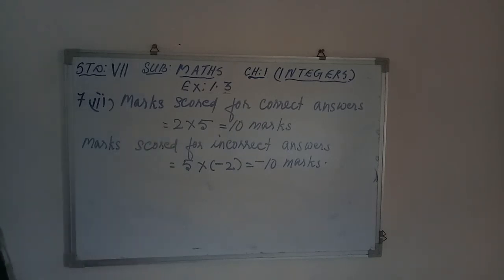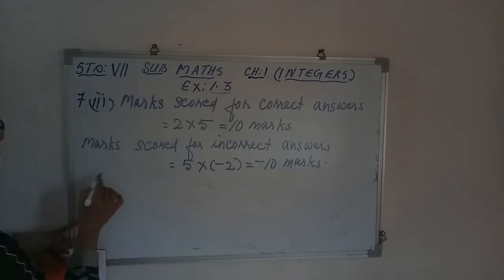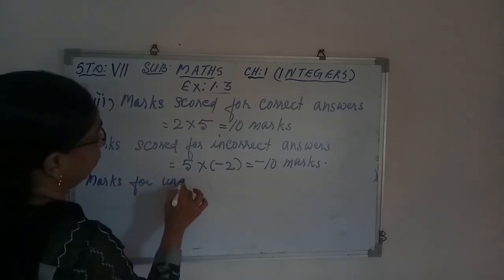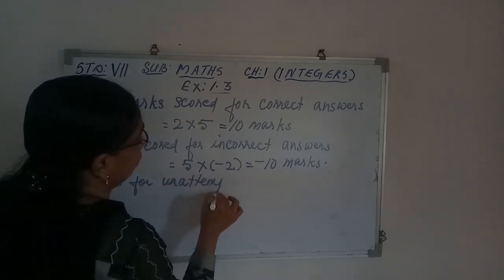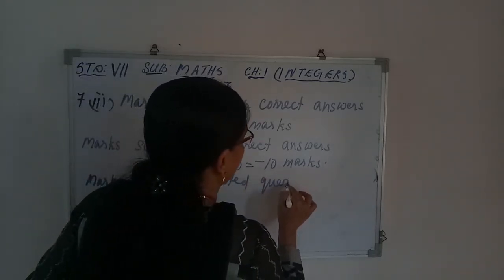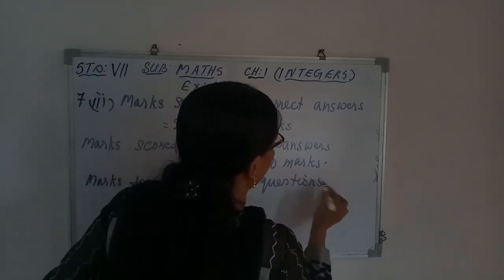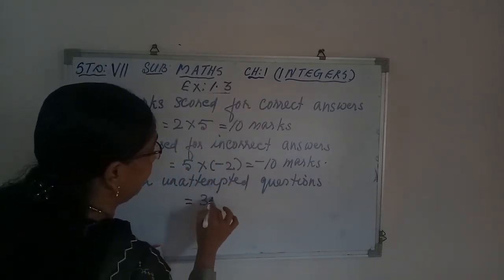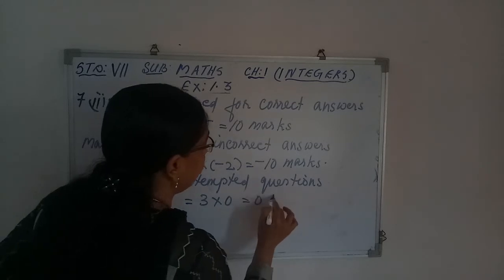Then what about the question which is not attempted? That is 0. So 3 questions are not attempted. So we can write marks for unattempted questions. Not compulsory to write, but still you can show it. How many unattempted? 3. 3 into 0, that's equal to 0 marks.